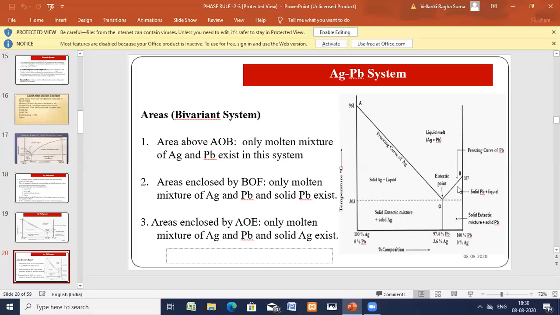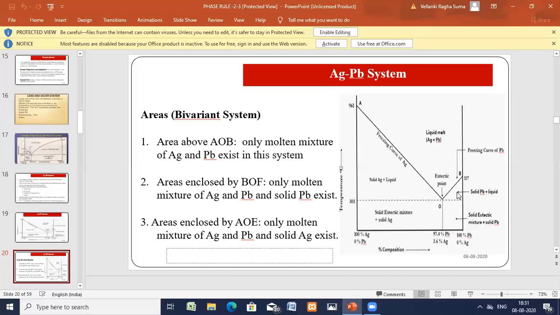Components are 2, silver and lead. Phases: two, one molten phase and one solid phase. So F is equal to 2 minus 2 plus 1. Here the system is univariant, so area BOF is univariant.